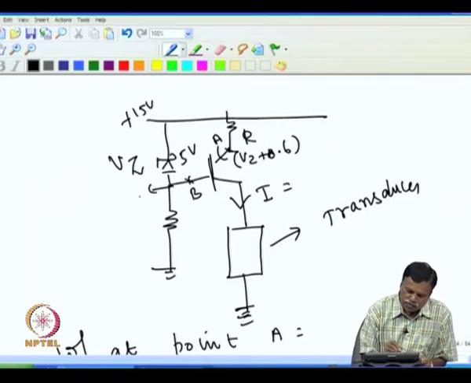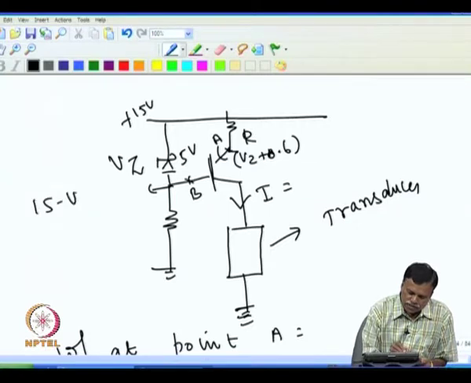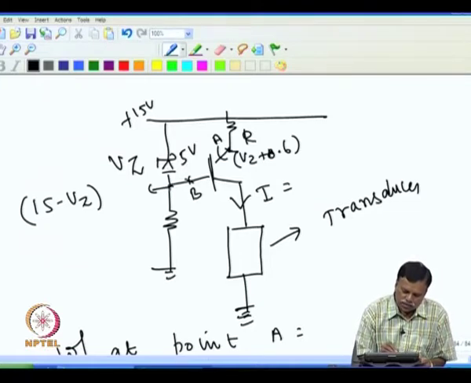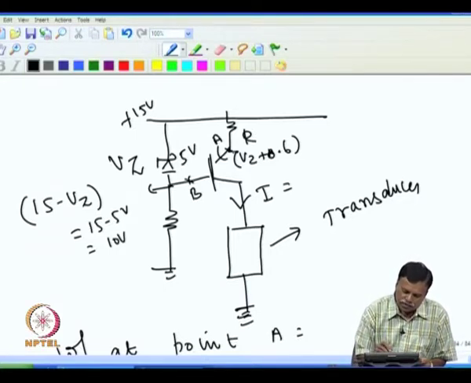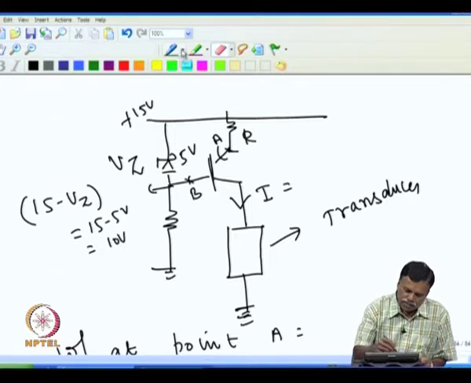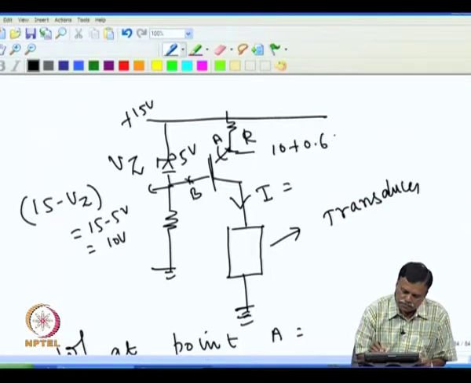So, voltage at this point B will be 15 minus Vz, because this is 15 and the voltage across the Zener is 5. That will be 15 minus 5, that is 10 volt. So, voltage at B will be 10 volt, and voltage at A will be 0.6 extra, 10 plus 0.6 volt, because this is 10.